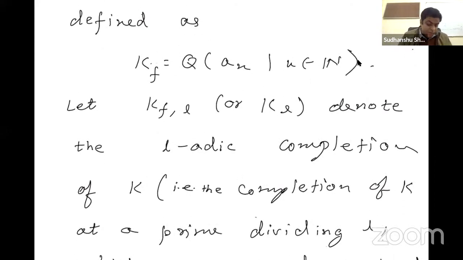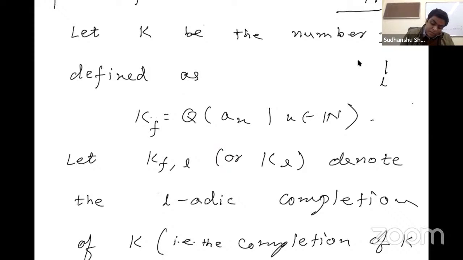This depends on f, and then what I can do is fix a prime ℓ, and then in K_f there could be several primes lying above this prime ℓ. For every prime I get a completion of K_f at that prime.